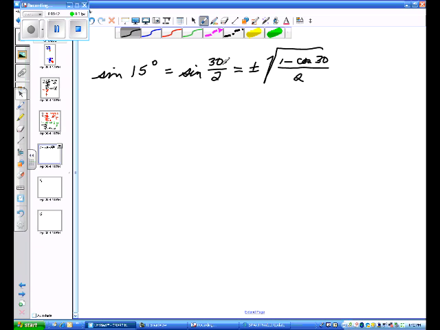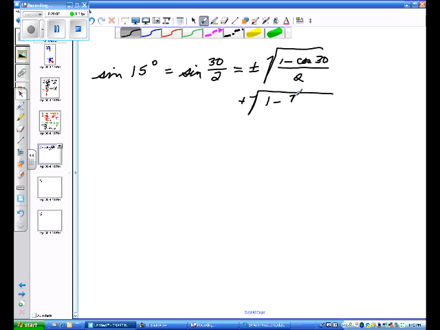So remember, whatever angle this is the angle we use here. Now to figure out our sign here, it's a little bit easier than it was with just knowing a function, because we actually know the angle. We're trying to find the sine of 15 degrees. 15 degrees is in the first quadrant. In the first quadrant, sine is positive. So we're going to use the positive.